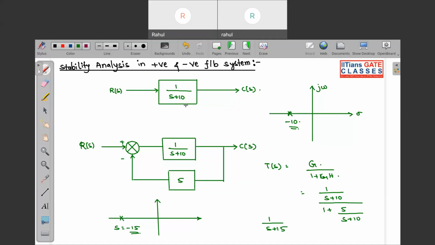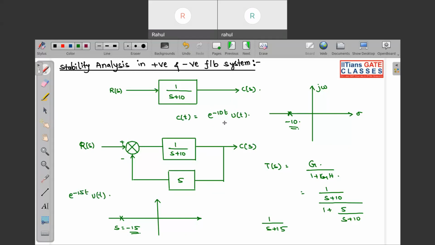Why so? Because if you write the impulse response for this one, C(t) will be, as R(s) equals delta t, e to the power minus 10t u(t), and over here it will be e to the power minus 15t u(t). Out of these two, which do you think will decay the fastest?